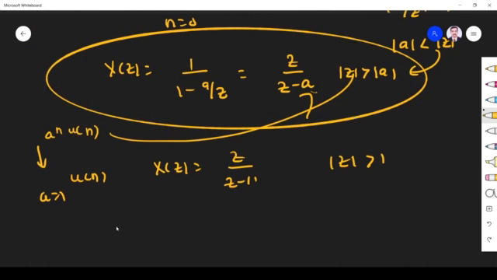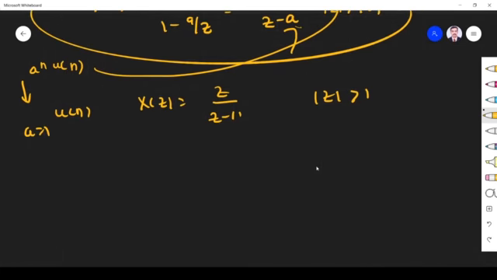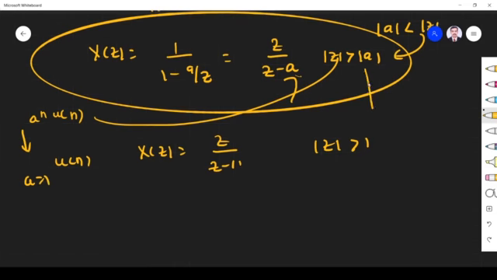So next, how can I draw the ROC? This is the ROC: mod z must be greater than a. So I have to show the ROC in the z domain. To draw the z plane, on the x-axis we have the real part of z, and on the y-axis we have the imaginary part of z.